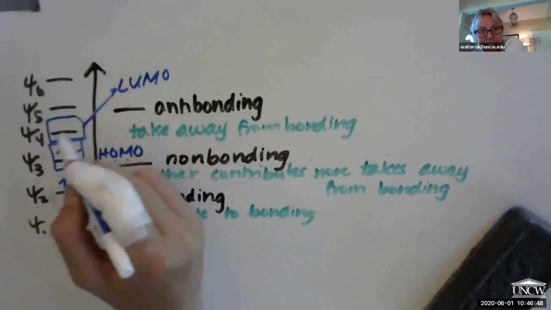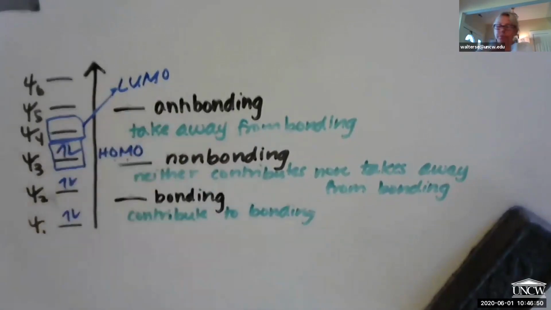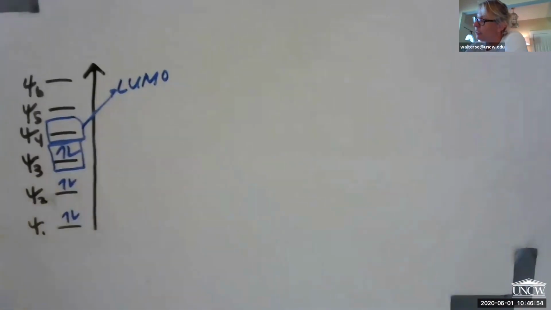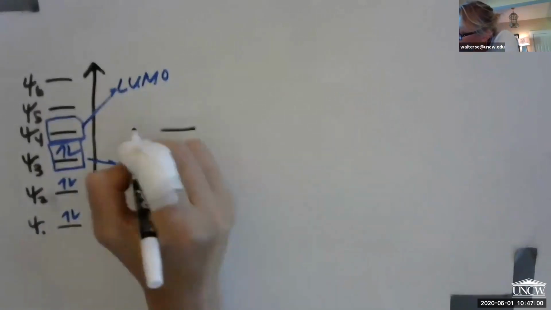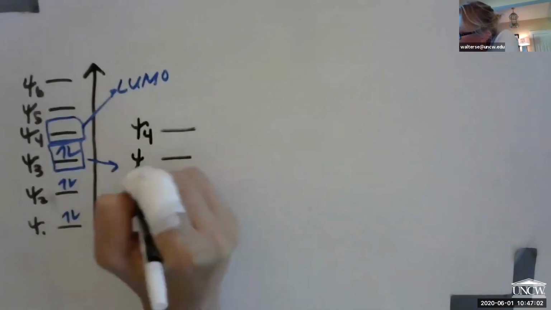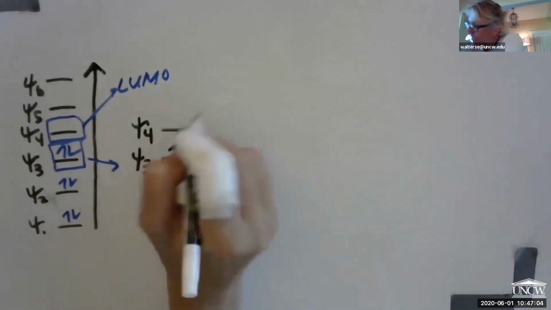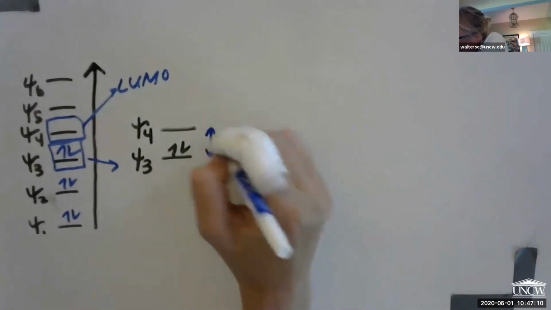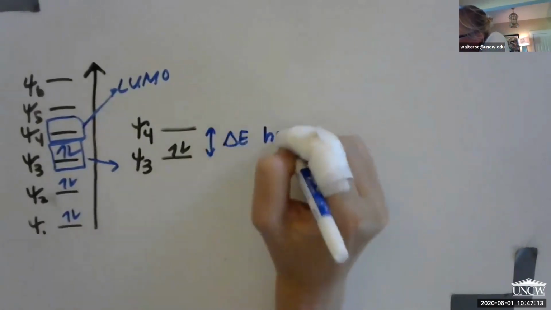The reason these are important to know is that, if this is your bonding situation, this energy difference is called the HOMO-LUMO gap.